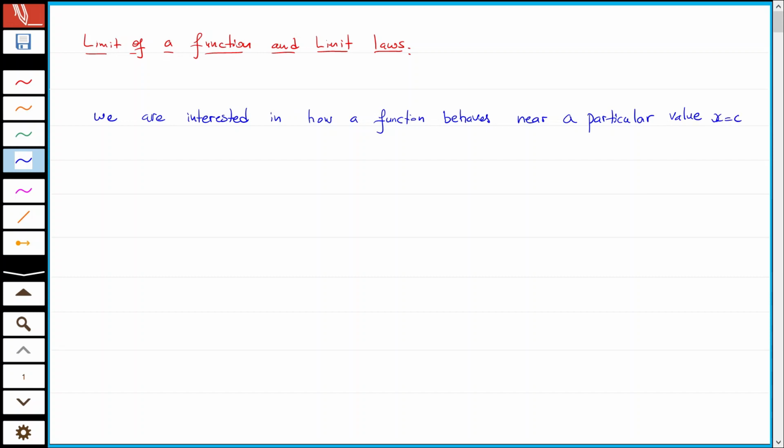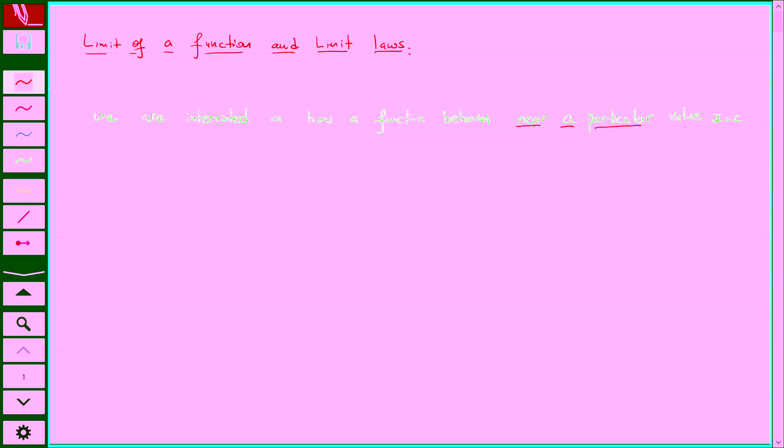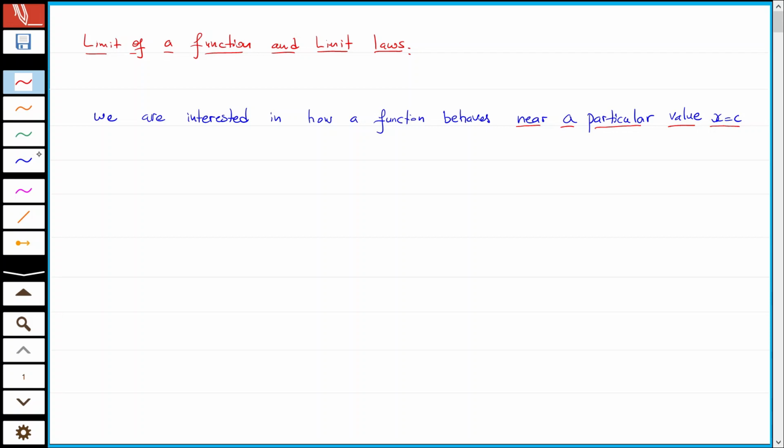The emphasis here is that we stay near a particular value, but not at x equals c itself. We're going to work around the value x equals c.